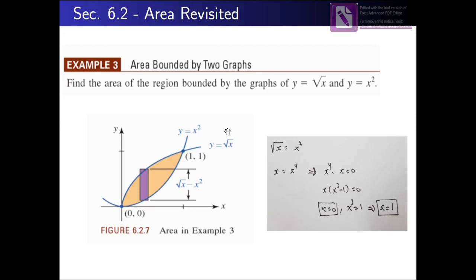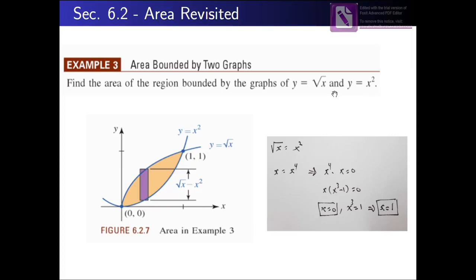Sometimes you will say that I don't know the graph, and so I don't know which one is the upper, which one is the lower. Here you have the interval x equals 0, x equals 1. For example, if we take a point in between, let us take half. So if you take square root of half and you compare it with, here you will have also half squared.